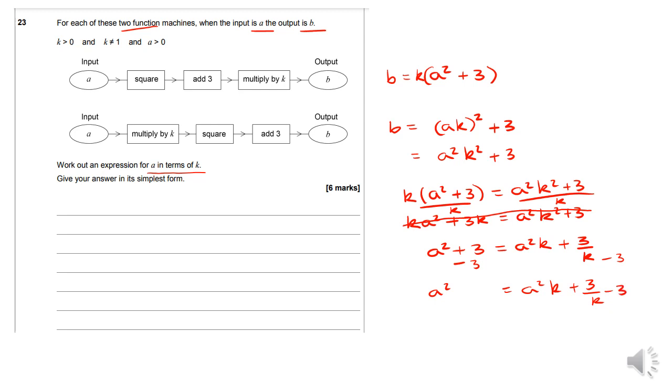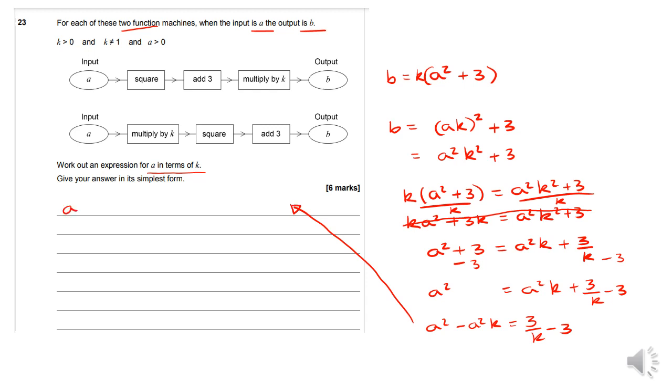I'm going to take away the A squared K on this side now. A squared, take away A squared K equals 3 over K, take 3, and I'm going to come up here now to continue my working out, if that's alright.